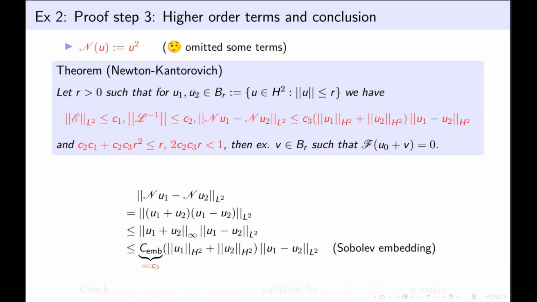And then you just pull out the maximum of one of these functions here, or Hölder inequality if you like a fancy name. And then there's one complicated step where you have to convert this infinity norm here into an H2 norm.